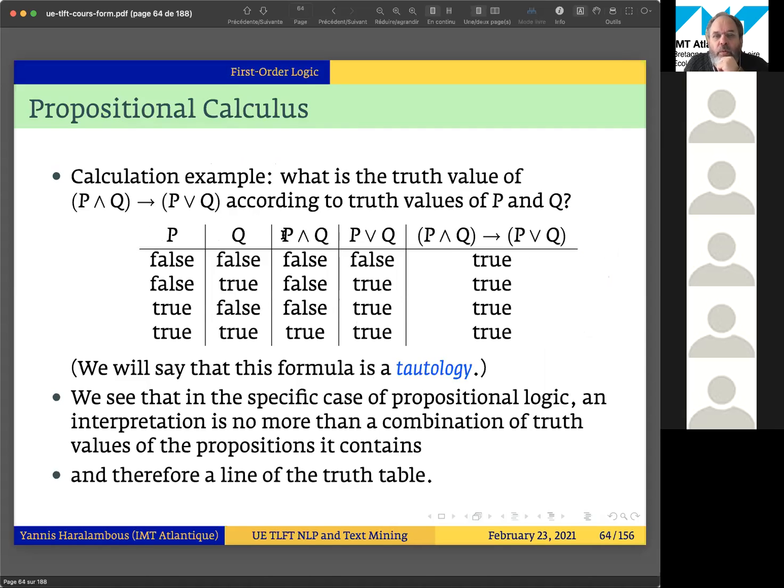And truth tables allow me to calculate truth values of complex formulas. So I start by giving truth values of my propositions, and then I take intermediate formulas until I get the complete formula. And this formula has the particularity of being always true.